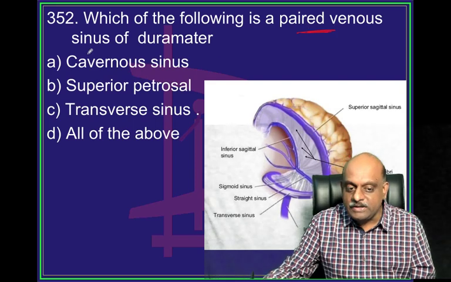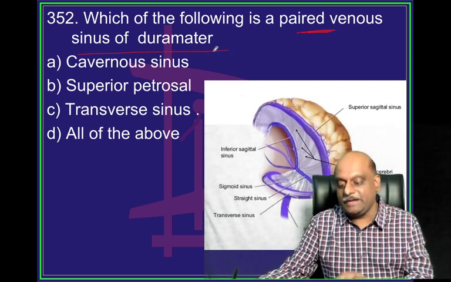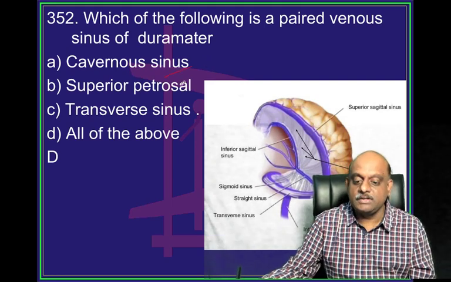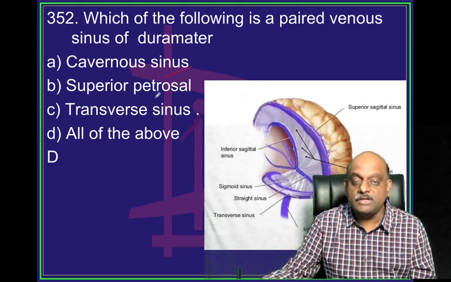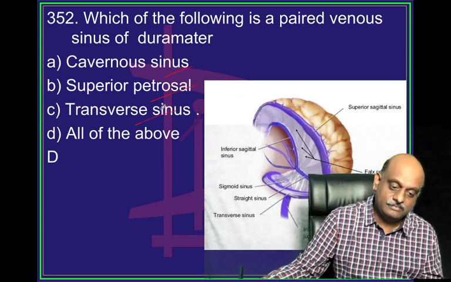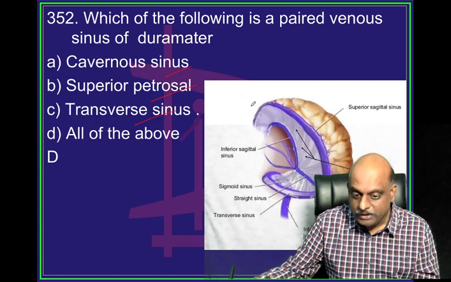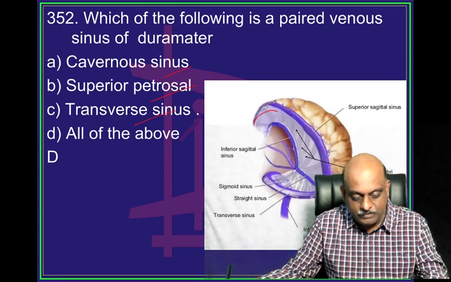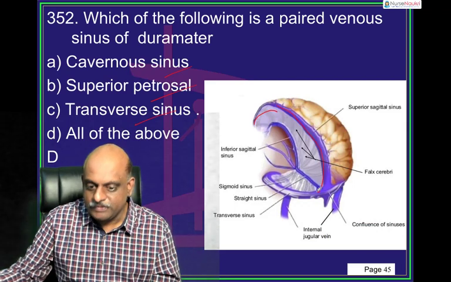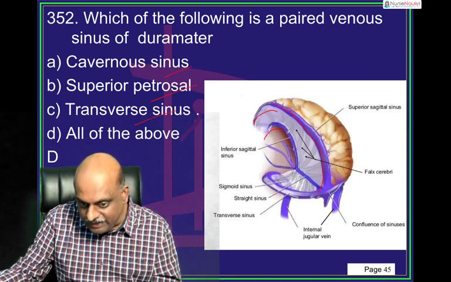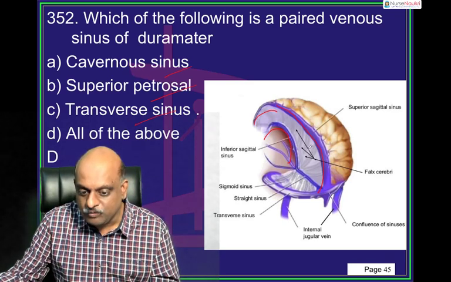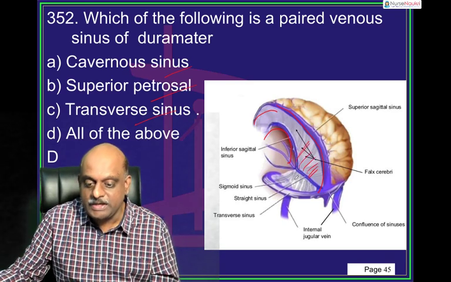a paired venous sinus of the dura mater. The cavernous sinus, superior petrosal, transverse sinus, they are all paired. So this is a very important structure, doctor. Superior sagittal sinus, this is the inferior sagittal sinus, and you can see the falx cerebri, which is located here.